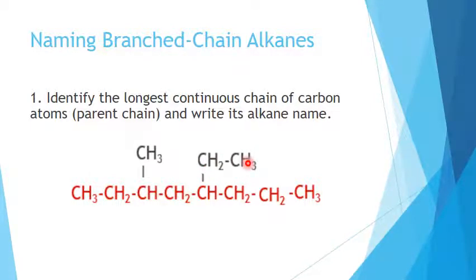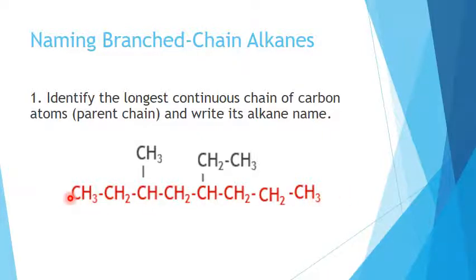So 1, 2, 3, 4, 5, 6, 7. Nope, it doesn't. Usually it'll be a straight one across, but we're going to see in the future that sometimes it's not. These two could be bent off down in this direction, so it would be 1, 2, 3, 4, 5, 6, 7, 8. And so this would be the longest chain.